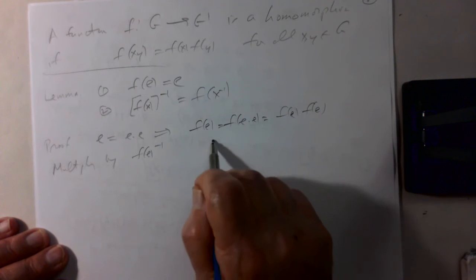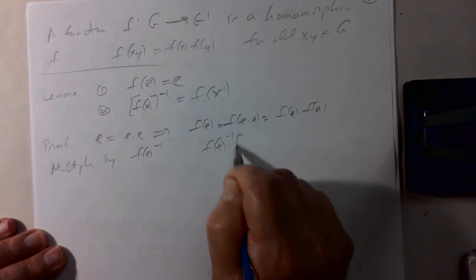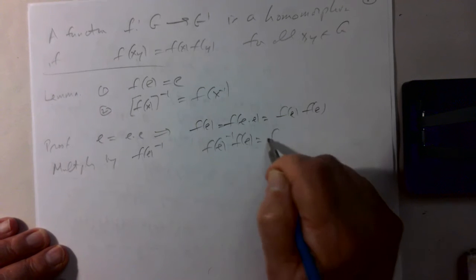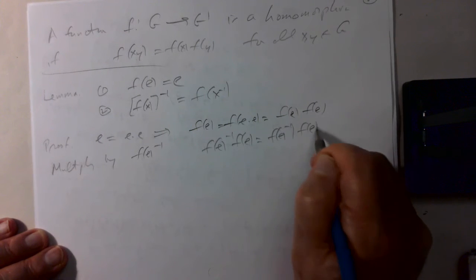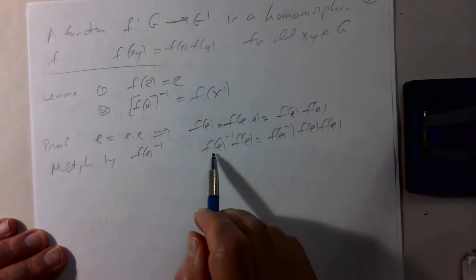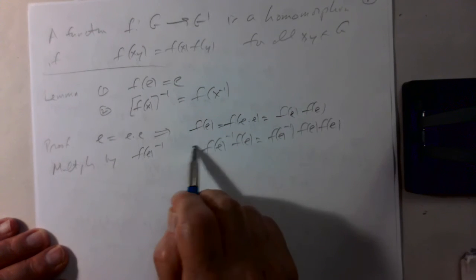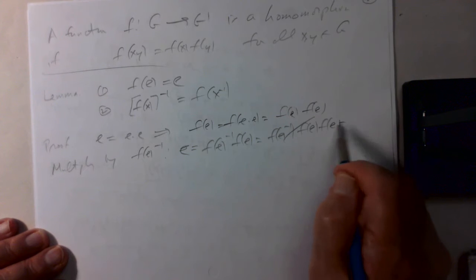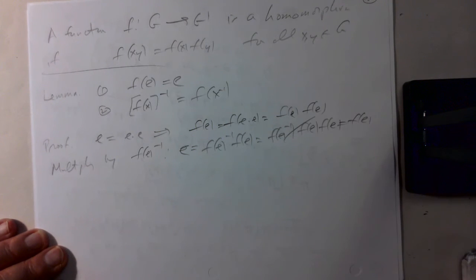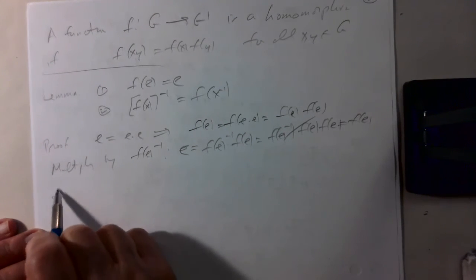You get f of e inverse times f of e equals f of e inverse times f of e times f of e. f of e inverse times f of e is e, and these cancel, and this is f of e. So this proves one.